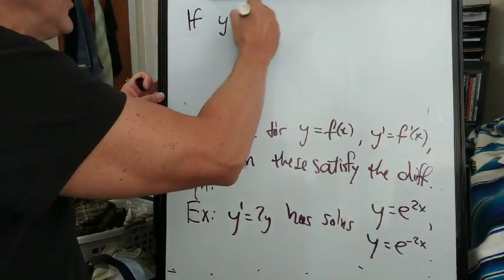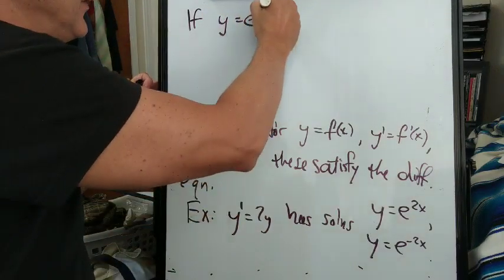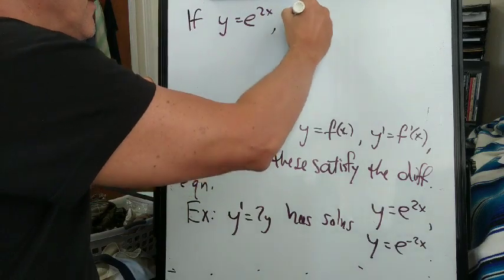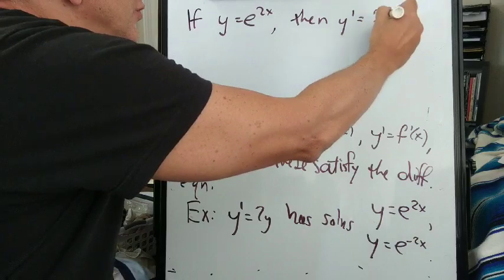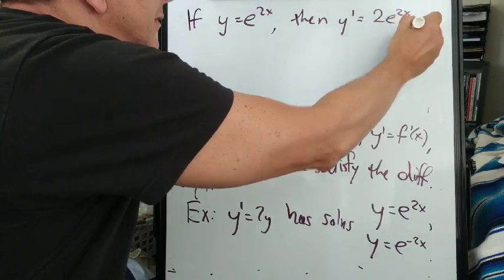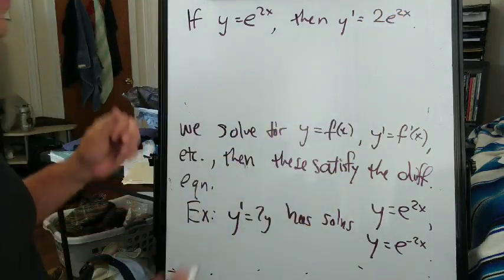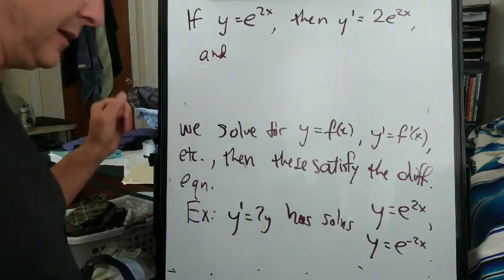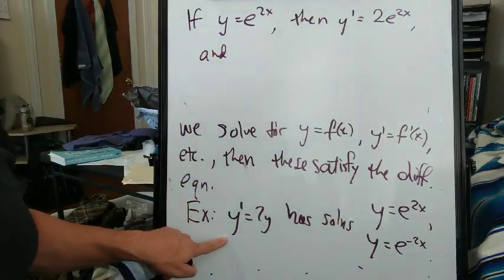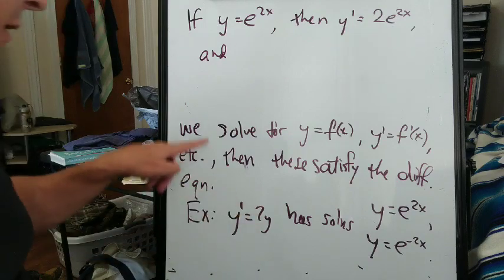So if y equals e to the 2x, then y prime is 2e to the 2x. And our differential equation says y prime equals 2y.